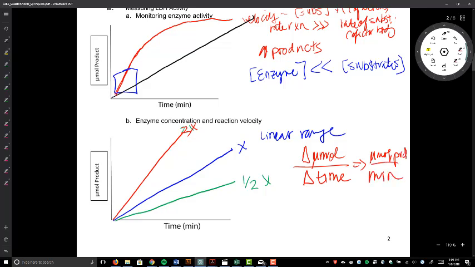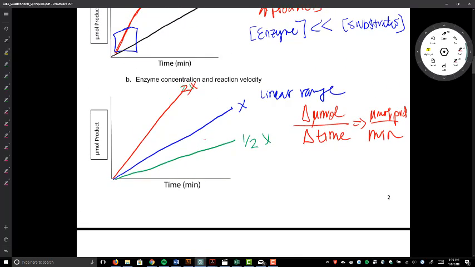And so again, thinking back to algebra and calculus, a line implies that the rate is the same throughout the entire reaction, whereas if we have a curve and the slope is not staying constant, our enzyme is catalyzing the reaction at different speeds at different times of our assay, which is what we don't want to see.